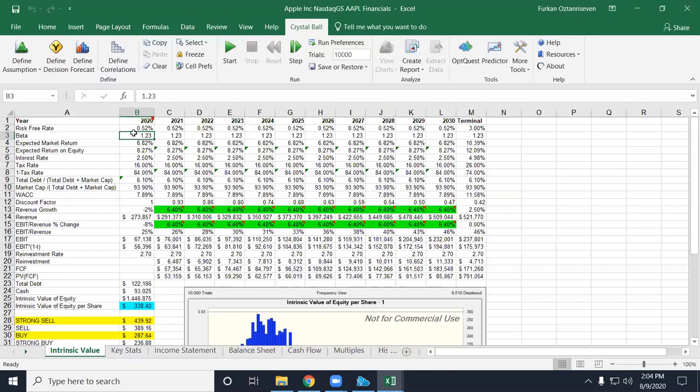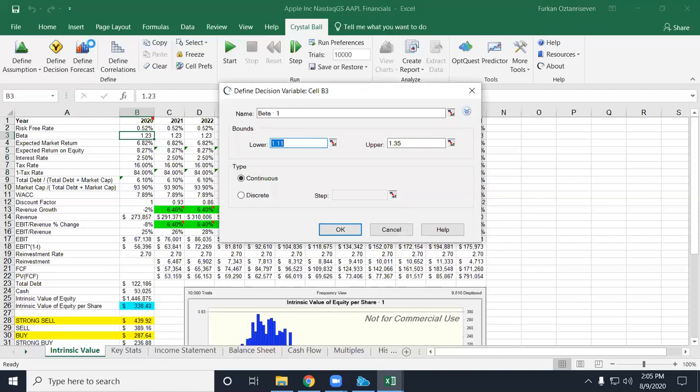But some scholars may argue that you need to use the industry average, or in the future, the company may get more risky or less risky. So I would like to see how different possible values of this beta coefficient will change my forecast, which is the intrinsic value of equity per share. So I will define this as a decision.